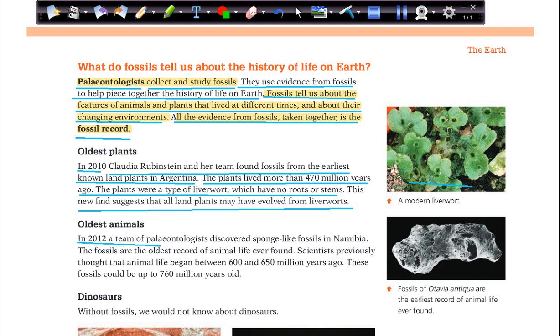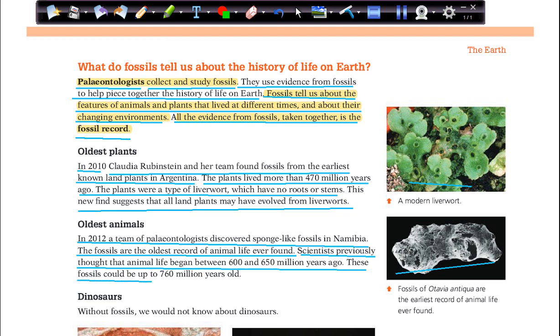In 2012, a team of paleontologists discovered sponge-like fossils in Namibia. This is the Otavia antiqua. This is like a sponge skeleton, and they call it a sponge-like fossil because it looks like a sponge. The fossils are the oldest record of animal life ever found. Scientists previously thought that animal life began between 600 and 650 million years ago.